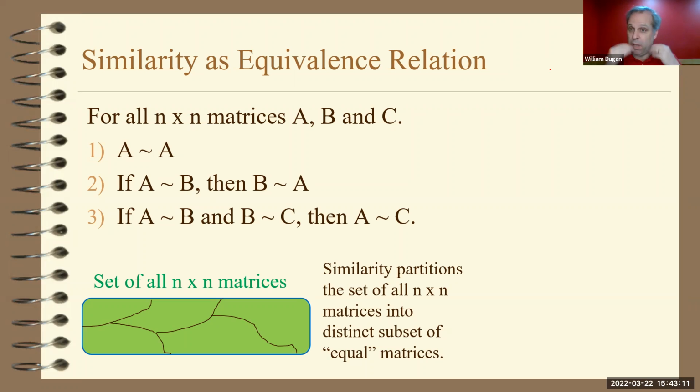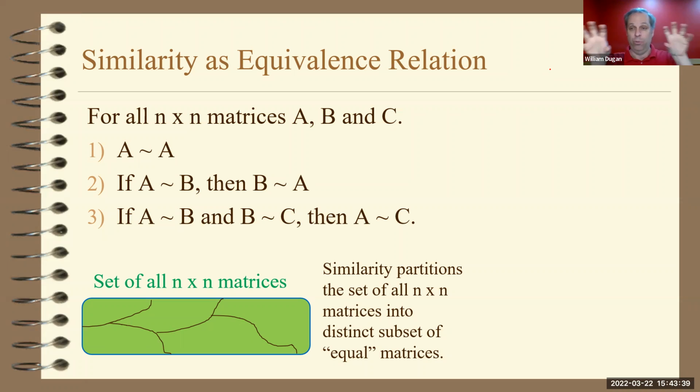Before I explain why these are all true, you should get an idea what it means. If you take the set of all n by n matrices, and there's obviously an infinite number, similarity will take that set and partition it into sections so that all the matrices in this one group are similar to each other, and all the matrices in this group are similar to each other.